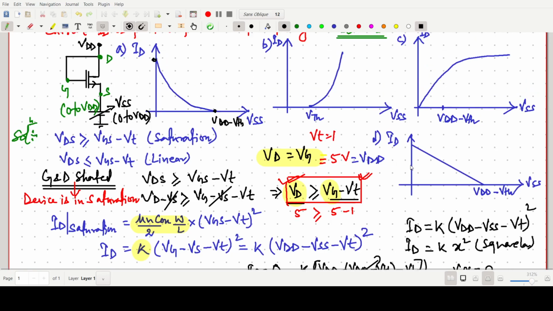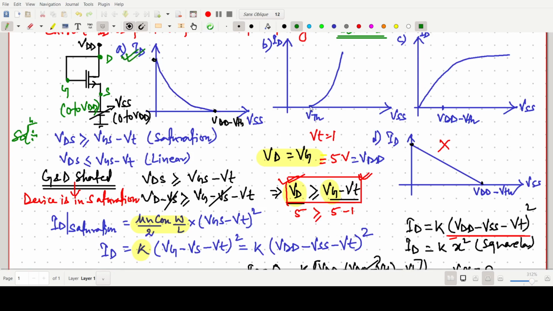One can also say that option D is also following this one, but it cannot be this linear one because it is a parabolic one, a square law. It will follow a square law. So this will be the correct option for this question.